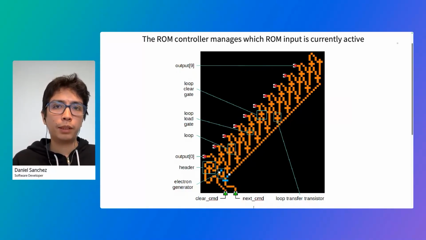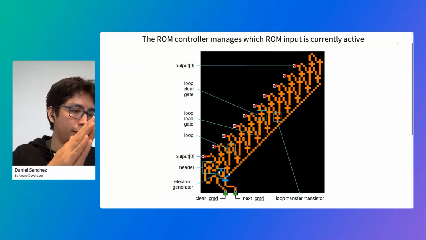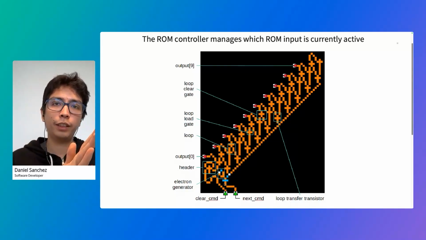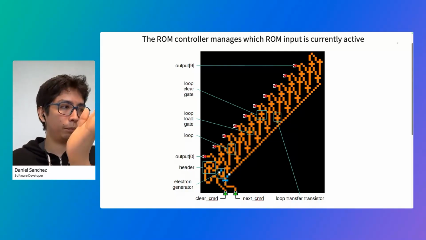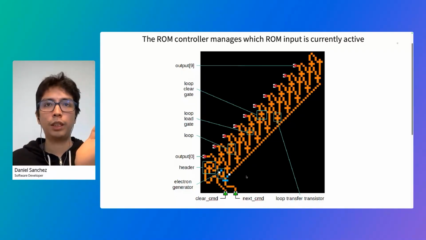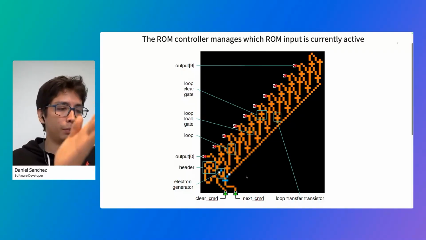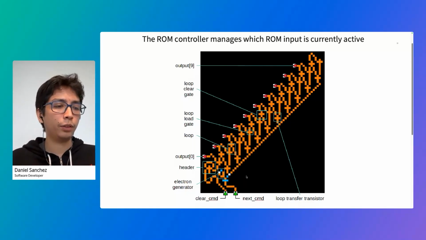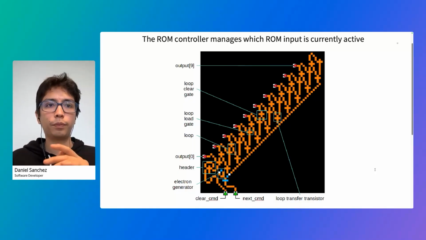And the important part is that there's this next command: if you send an electron at the right time, it will move from one address to the other. So if I send an electron here and it was only emitting the contents of address 2, then after some evolution, it will start sending the information contained in address 3. Okay.